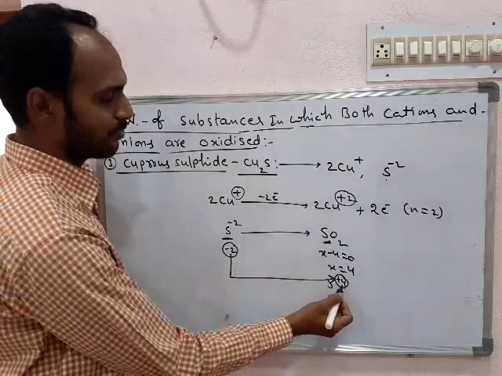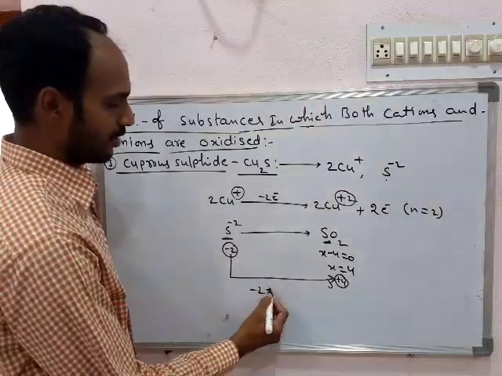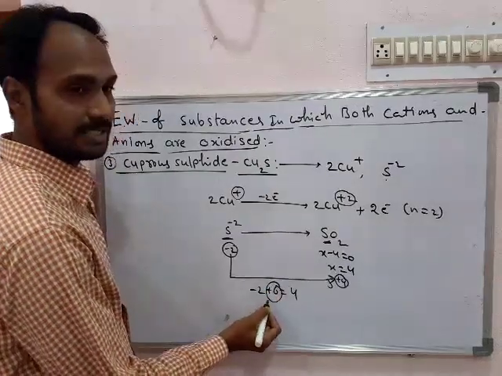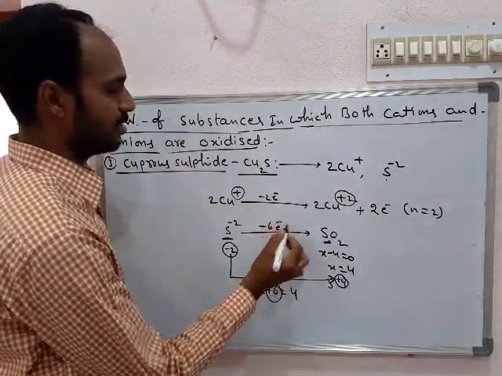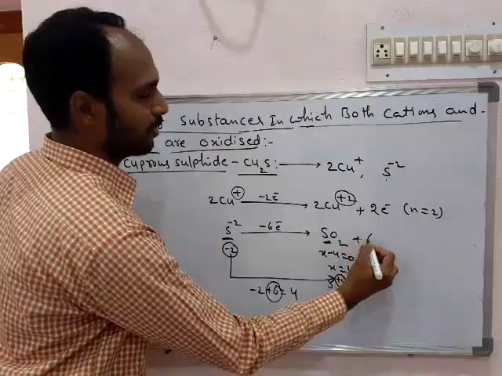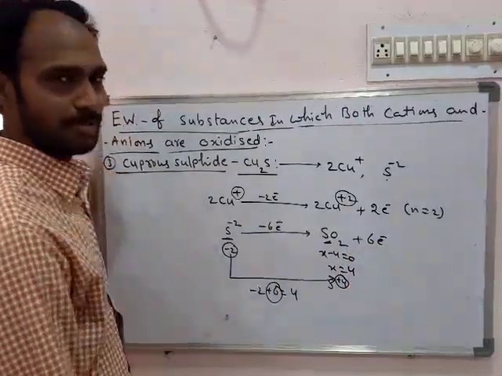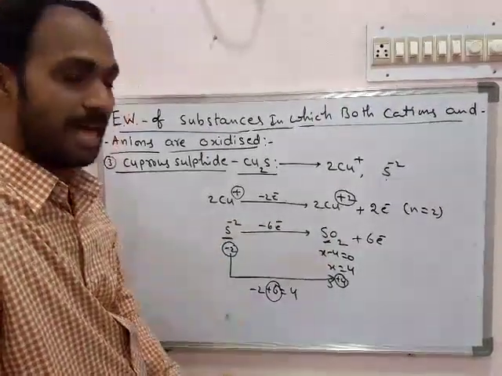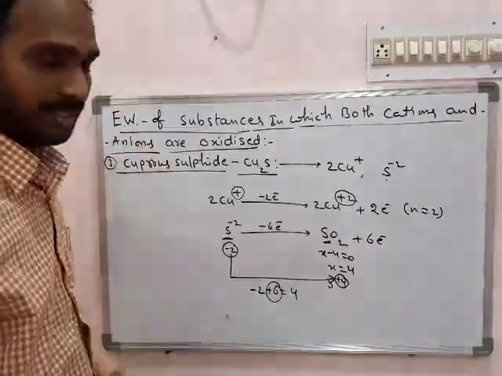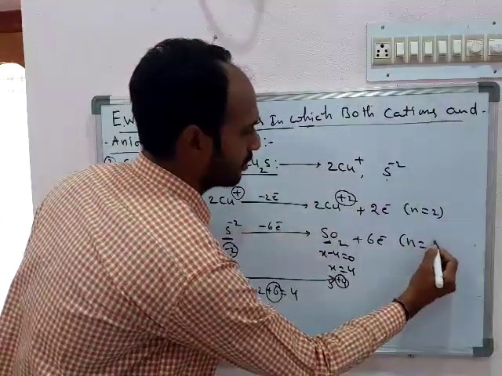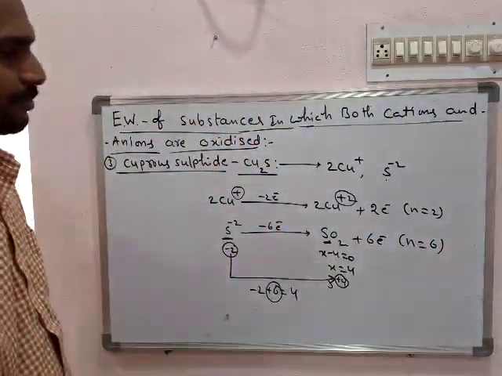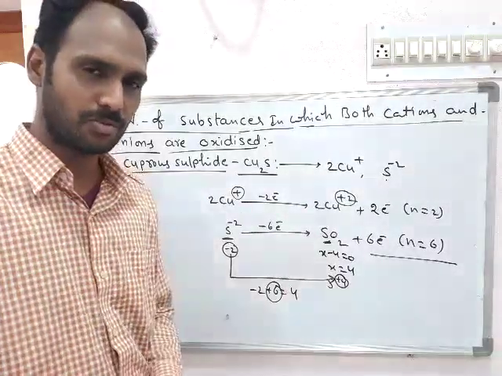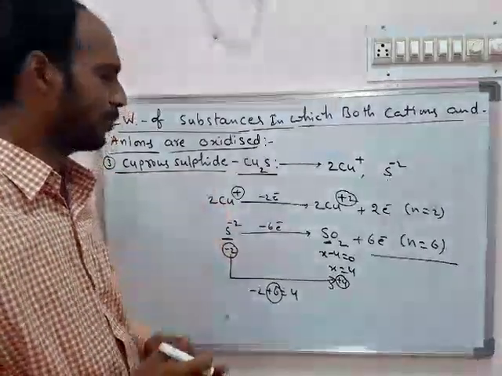So -2 to +4. Then what is the difference? -2 plus 6 equals 4, means the difference is 6. So by losing 6 electrons, the sulfide ion is converted into sulfur dioxide. Therefore, here the n factor is 6. Now, what is the total n factor, means the total number of electrons lost by this compound?